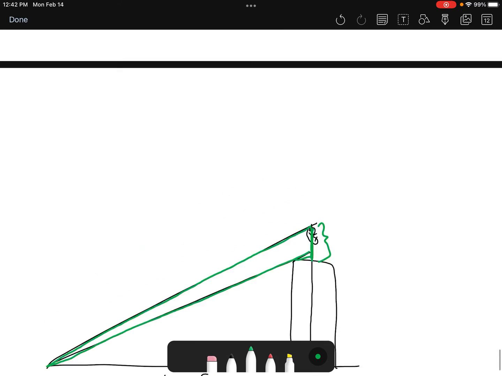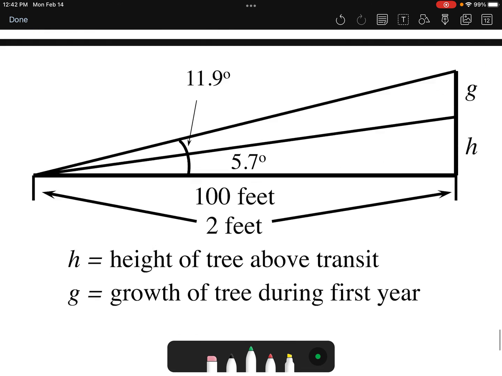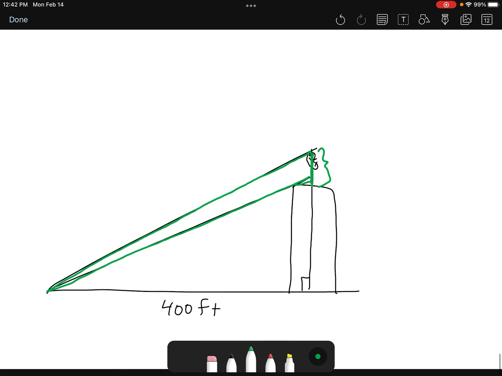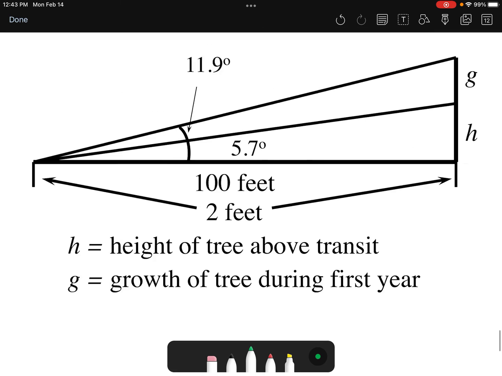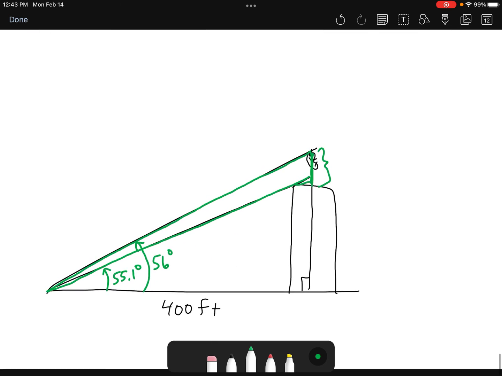But we do know some angles, right? We know that one angle's 55.1. That's this angle. And then the other angle is 56.5 degrees. Okay, now, why is that important?